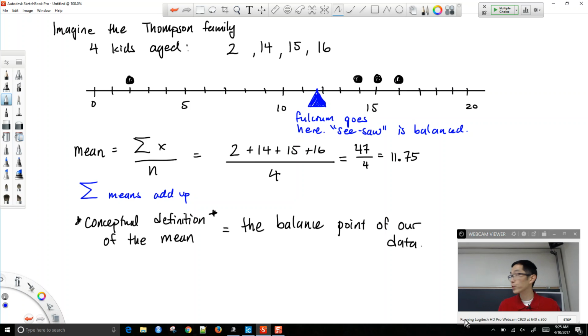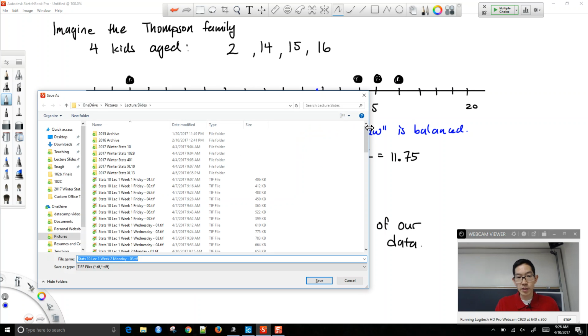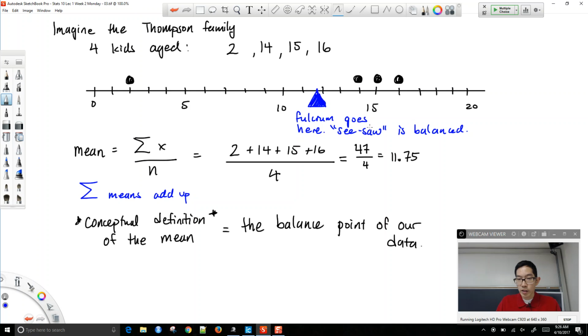Okay. And so if somebody said, what's the average age of kids in the Thompson family, it is technically correct to say that the average age of the kids is 11.75, just under 12 years old. But would you say that really tells the whole story of what's going on at the Thompson household? Not really, right? Most of the kids are 14, 15, 16. They're right around 15 years old. They're in high school.